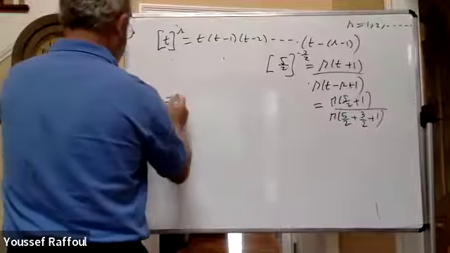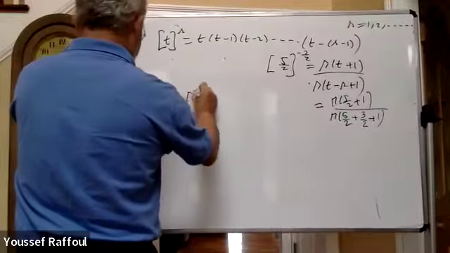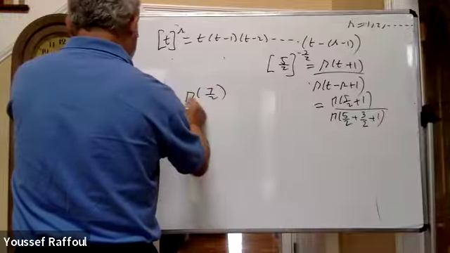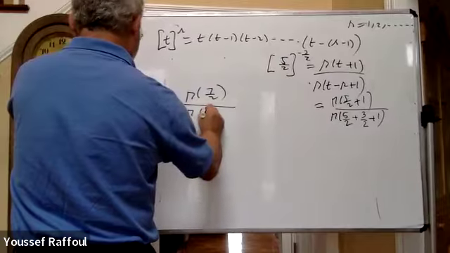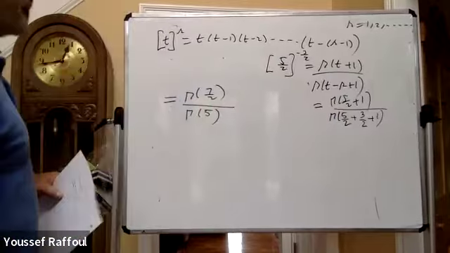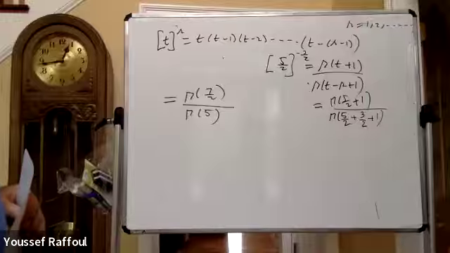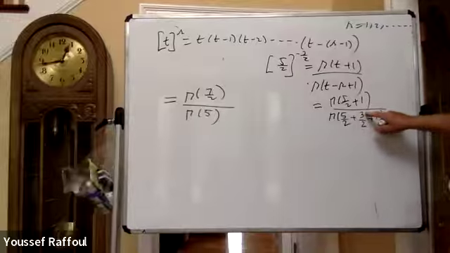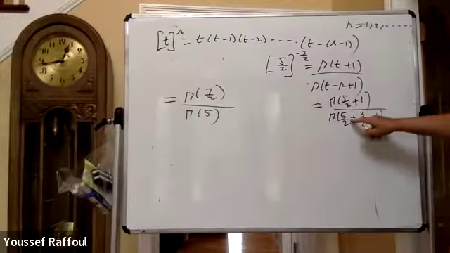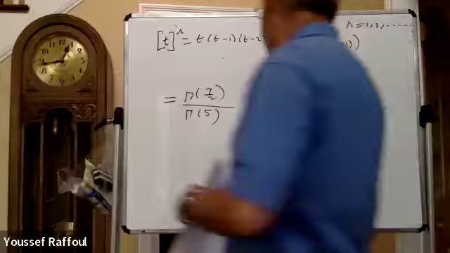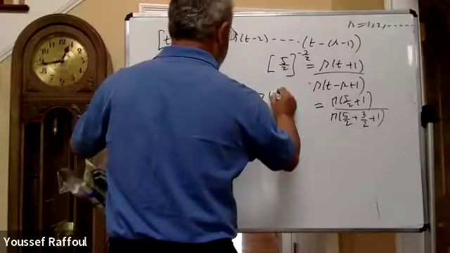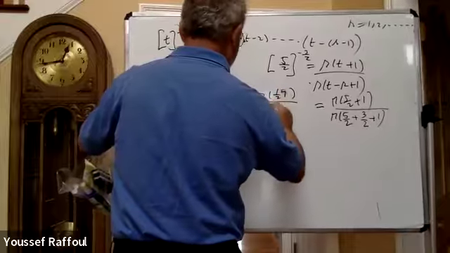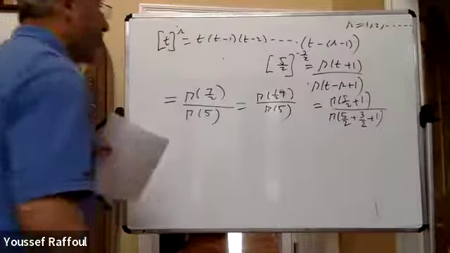This is gamma of 7.5 divided by gamma of 5. Okay? Why is that? 5 plus 3 is 8 divided by 2 is 4 plus 1, gamma of 5. So that is gamma of 1/2 times 7 over gamma 5/2.